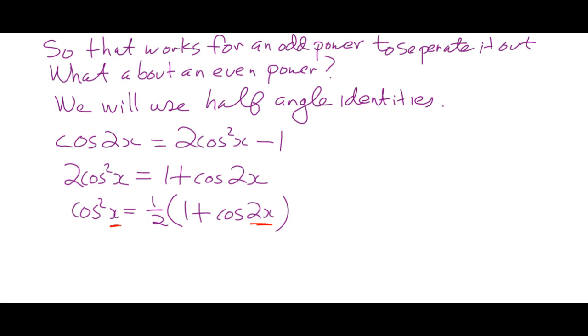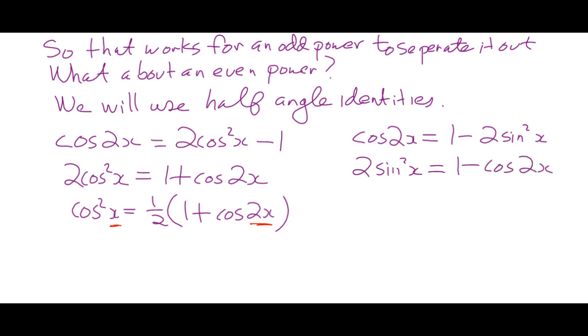And the other one is, what if I have an even power of cos? Cos squared, then we're going to use this. What if I have an even power of sine? So cos 2x again, this time is 1 minus 2 sine squared x. Pretty sure that's on your formula sheet, right? You've got the cos 2x formula. So if we've got 2 sine squared x, we'll move that over, then this will be 1 minus cos 2x.